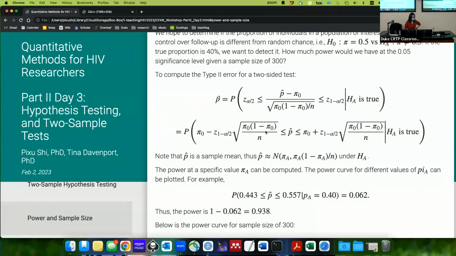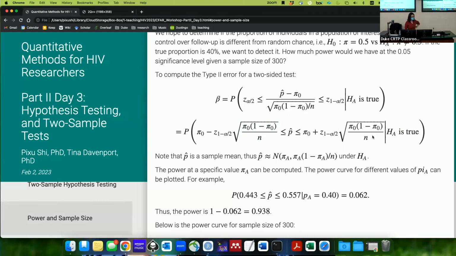So I correct one thing that I said earlier. It's harder to test if you have pi in the middle. It's easier to test if you have pi on the two ends. It's a little hard to remember those things if you do not do it very frequently, but that's why we have this formula here. If you cannot get your memory straight, you can go back to the formula and see how the parameter pi 0 affects the probability of type 2 error.